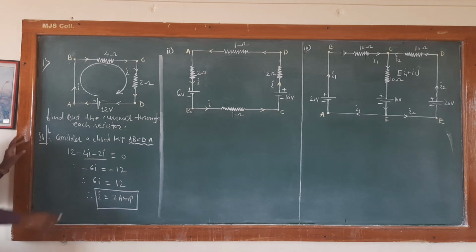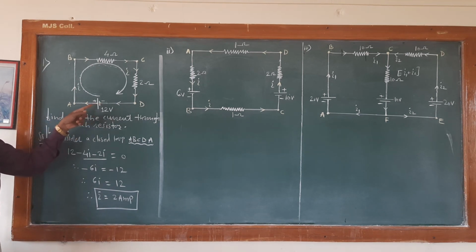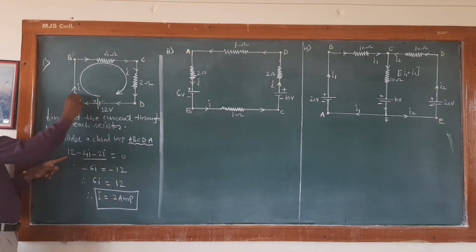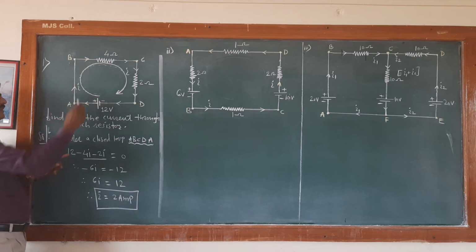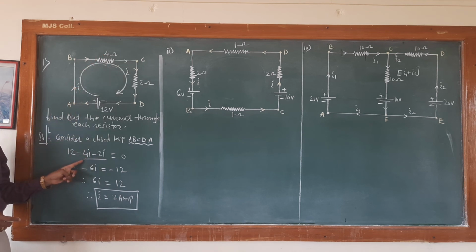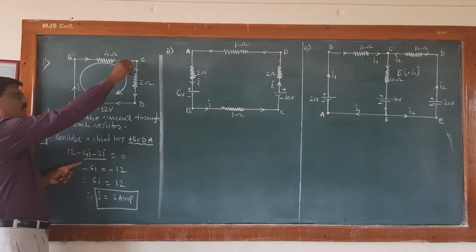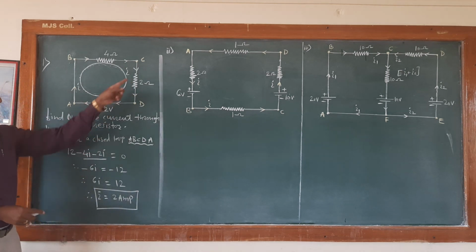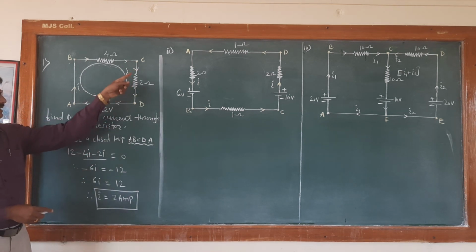Okay? I will explain this example again. EMF is positive if you travel from the negative terminal to the positive terminal. Therefore, this is positive, that is 12. Then the potential difference taken in the direction of conventional current is negative, and therefore 4 multiplied by that is minus 4I. Again, if you travel from point C to point D, this is the direction of conventional current. The potential difference taken in the direction of conventional current is negative.